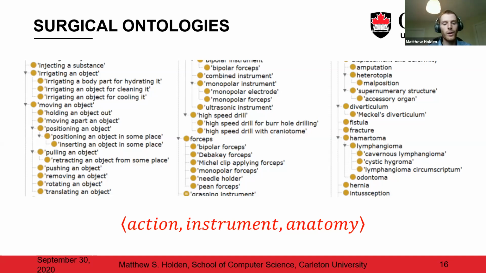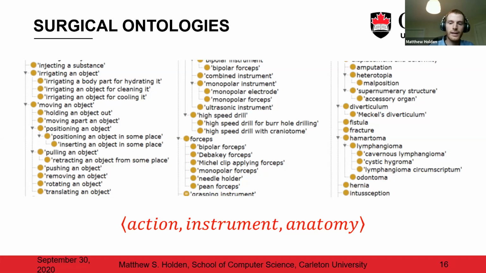And so typically what we do is we define a tuple consisting of one action, one instrument, and one anatomy as a so-called activity. And these activities are what make up the fundamental building blocks of a surgery.